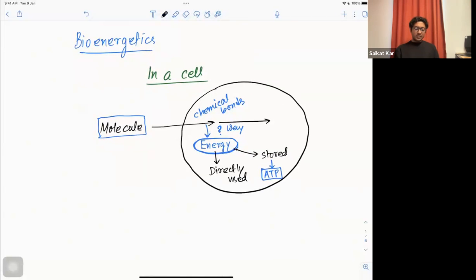So suppose this molecule is glucose, say C6H12O6. So glucose entering, and we are extracting the energy from the glucose in some way, glycolysis, Krebs cycle, whatever the process is, we'll see that. And the energy can be directly used, or it can be stored.